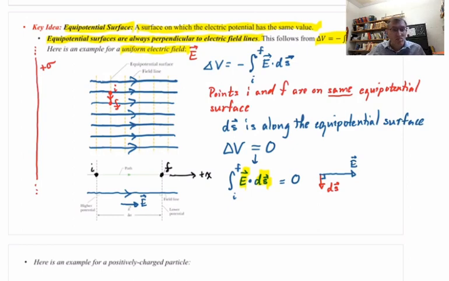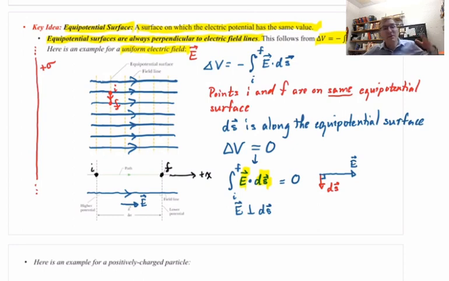So E must be perpendicular to your little ds, and your step was along the equipotential surface. So E is perpendicular to the equipotential surfaces.